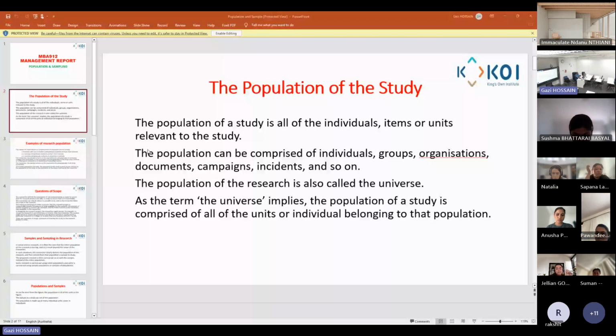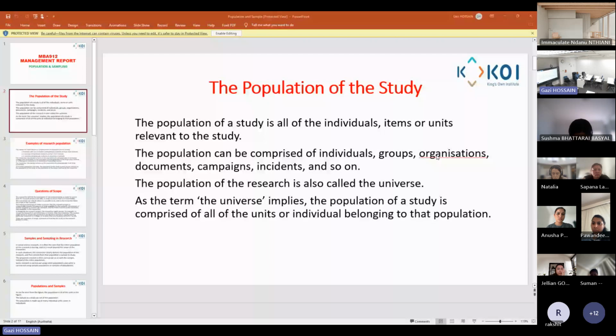A population can be comprised of individuals, groups, organizations, documents, campaigns, incidents, and so on. So sometimes the population can be organizations. For example, we are collecting data from different universities, their curriculum, their reputation, their systems.